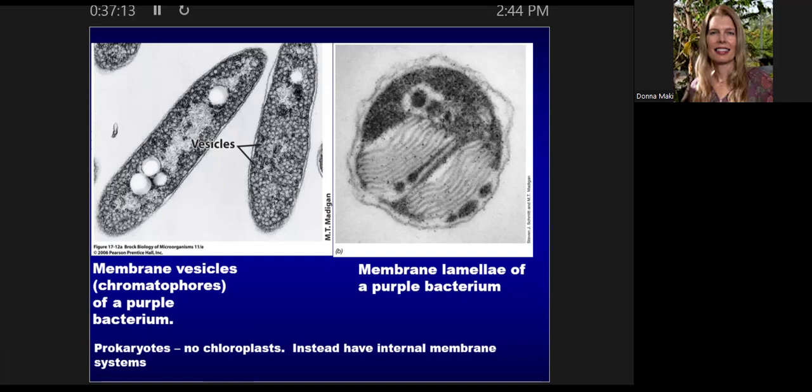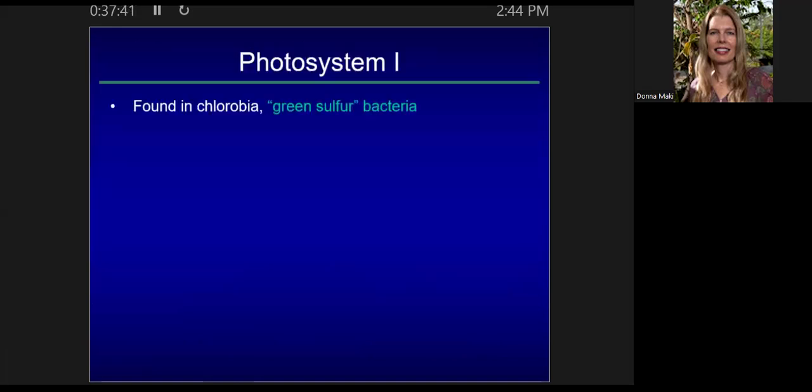Depending on the species, it can look more stacked up like that, or like a bunch of vesicles. This is where I kind of smile, because this is kind of like organelles. Even though you're taught in basic biology that prokaryotic organisms don't have organelles, it kind of looks like an organelle. But they won't say that yet. All right.